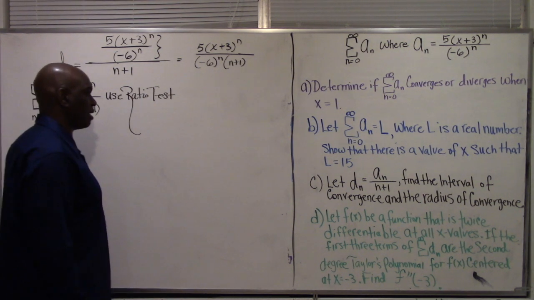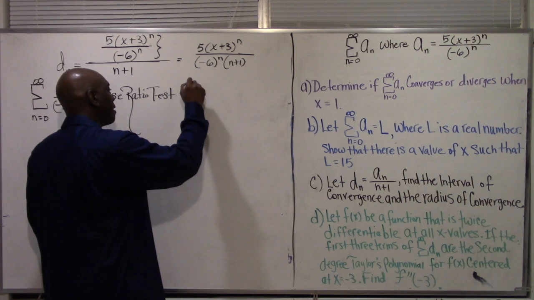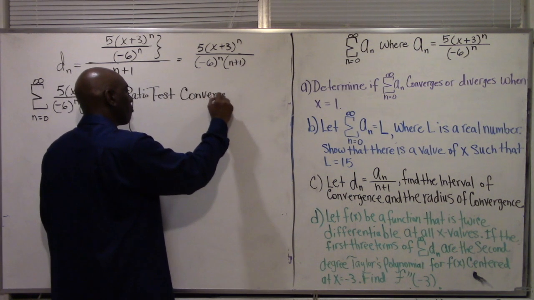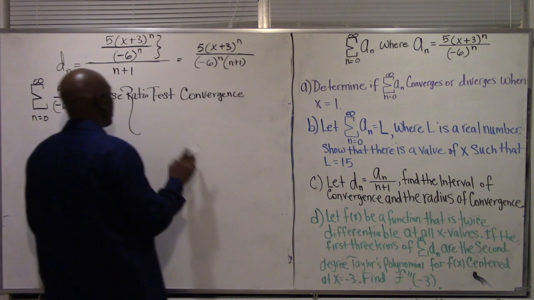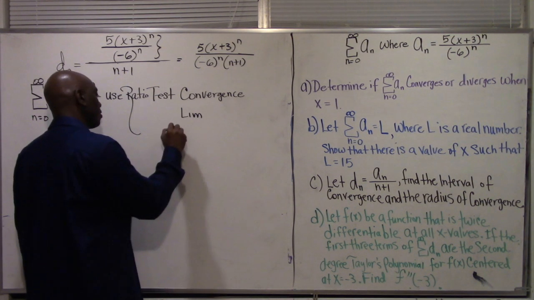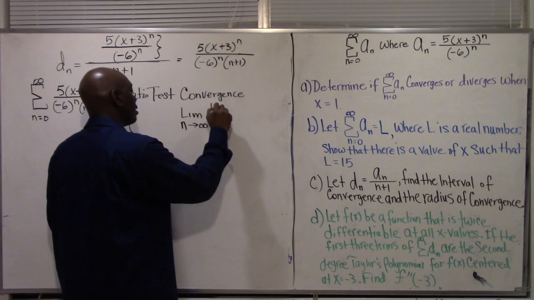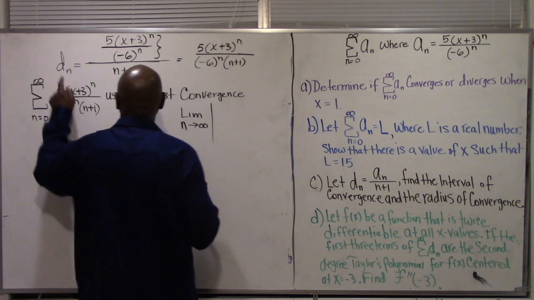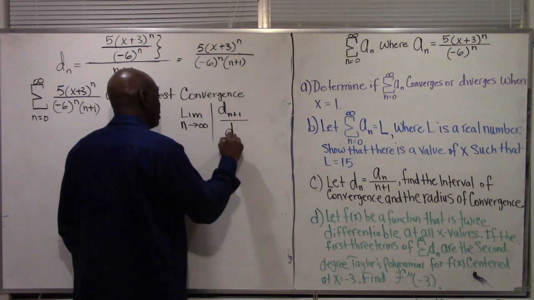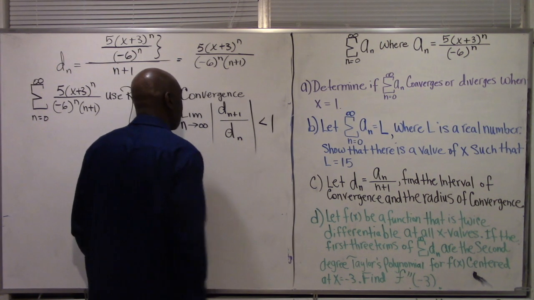And the ratio test says that the limit, if this is convergence, ratio test convergence says that the limit as n goes to infinity of the absolute value of, in this case I'm going to use d, sub n plus 1 divided by d sub n, it has to be less than 1.